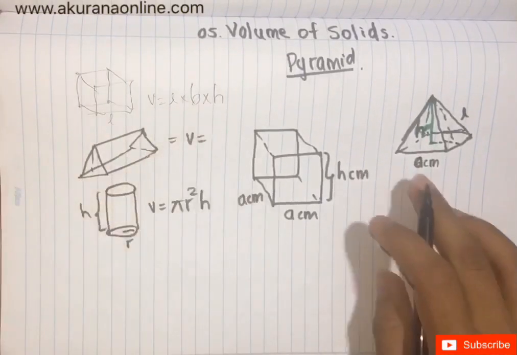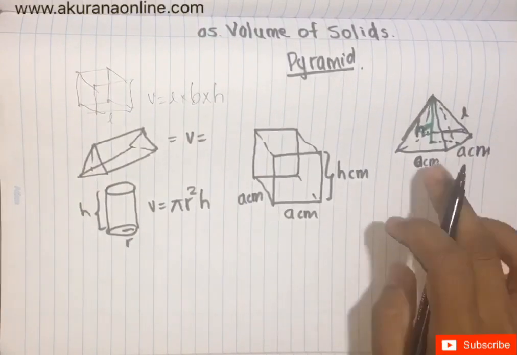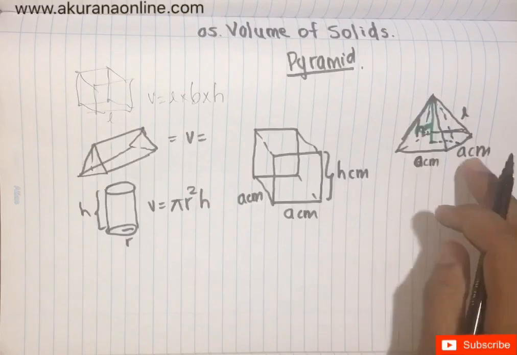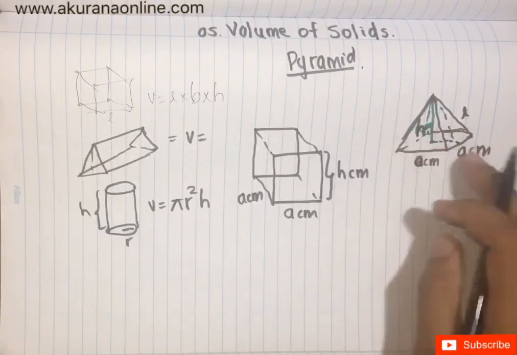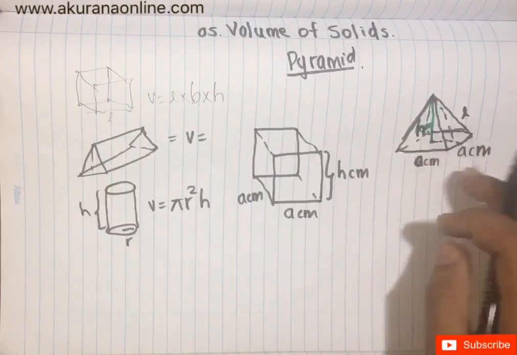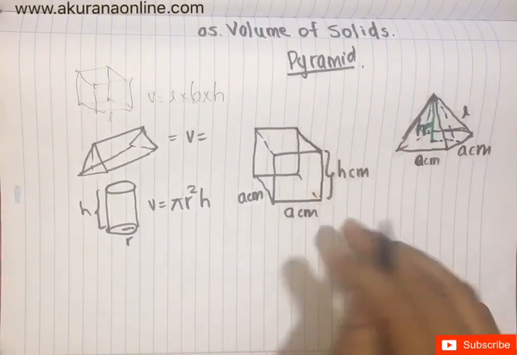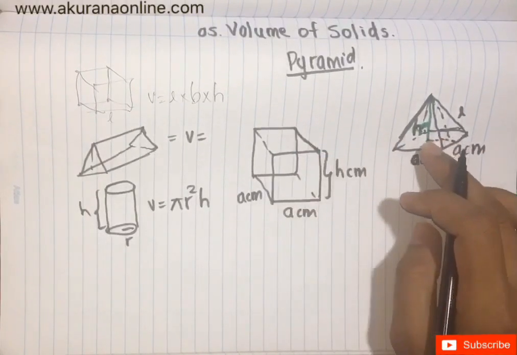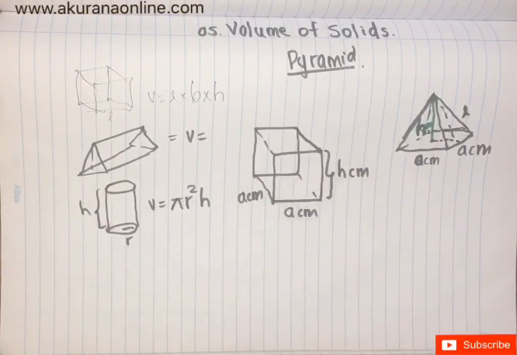Now what did we do here? You have a pyramid where the side lengths are both a and a, because it's a square base. Since it's a square, all the side lengths are equal, all four sides have a centimeters. Also we are relating it to a cuboid where the height is equal to the height of the pyramid, and the side length is also a centimeters.